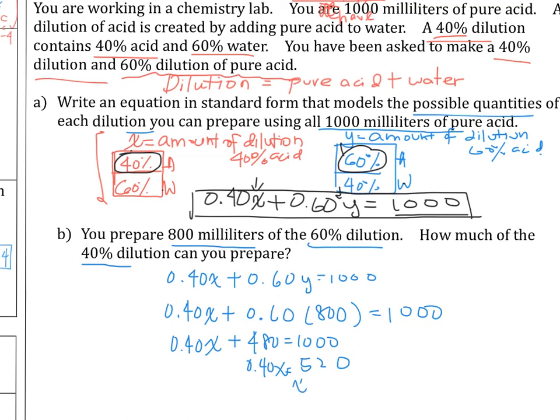Then x would equal 520 divided by 0.40, and after we simplify this, we should get 1,300 milliliters for the 40% acid.